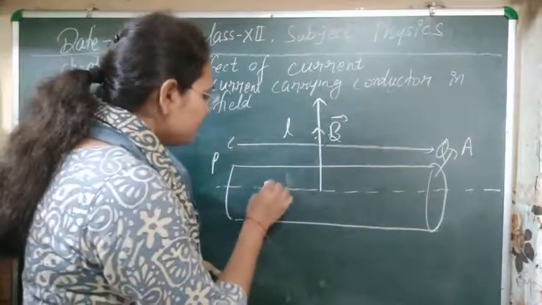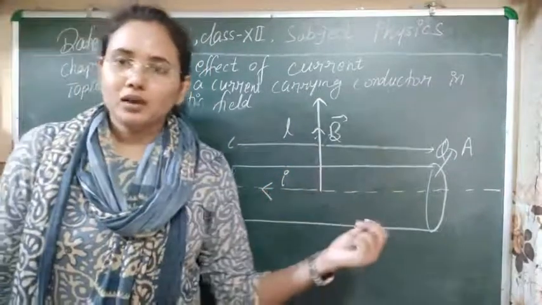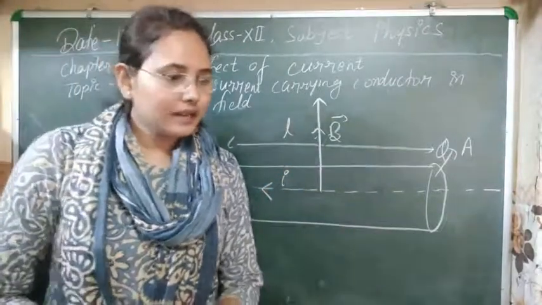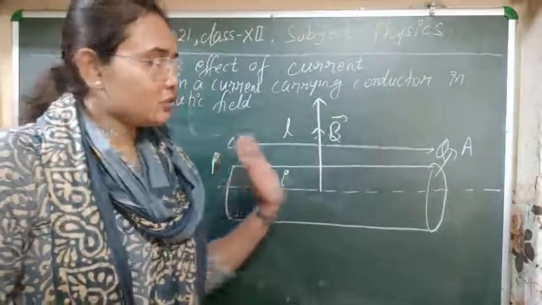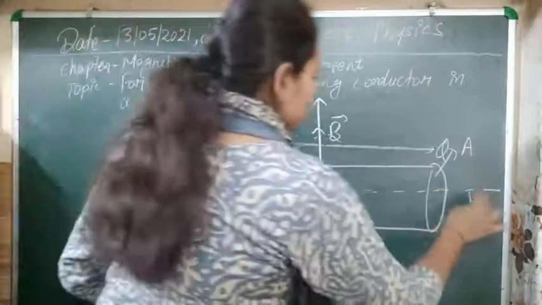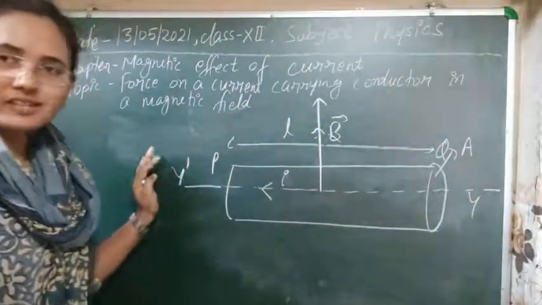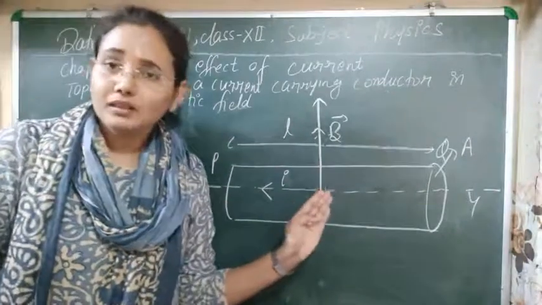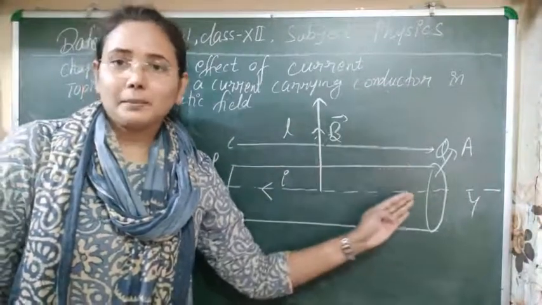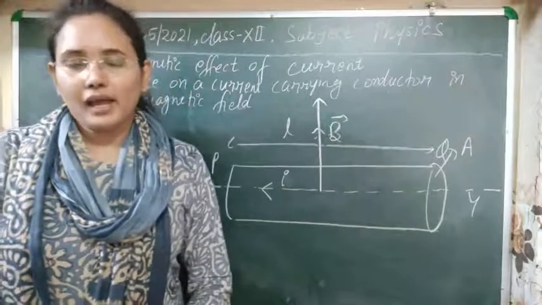This is the direction of the flow of current. Whenever you create a potential difference at these two ends, suppose these ends are Y' and Y, the charge carriers present in the conductor will start to drift from one end to the other.